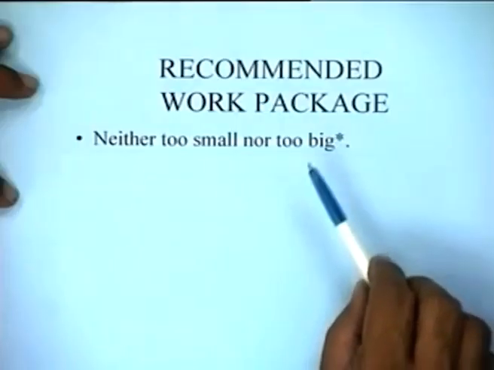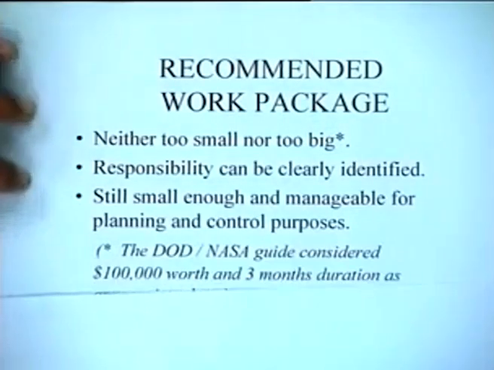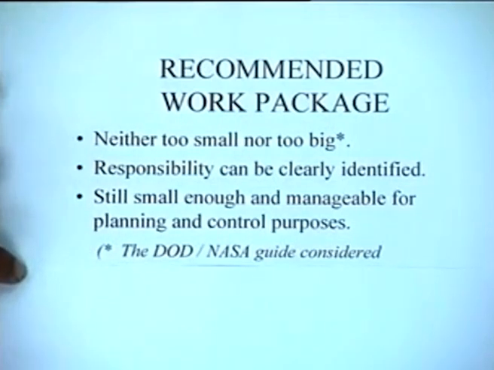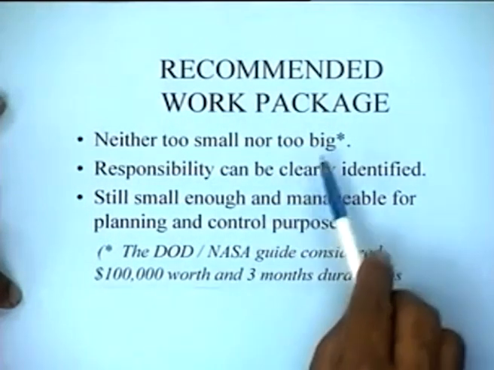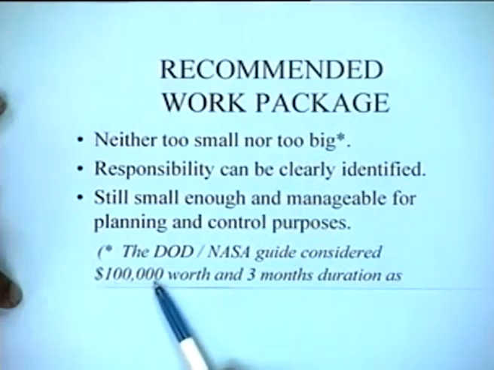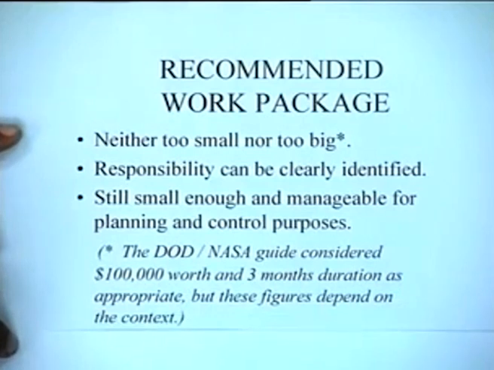That's what we have seen, because if it is too small, then also it is useless. If it is too big, then also it is useless. But what do we mean by too small or too big? These are relative terms and would have to be defined for each project individually. Though of course, the DOD and NASA guide considered about $100,000 worth and 3 months duration as appropriate.